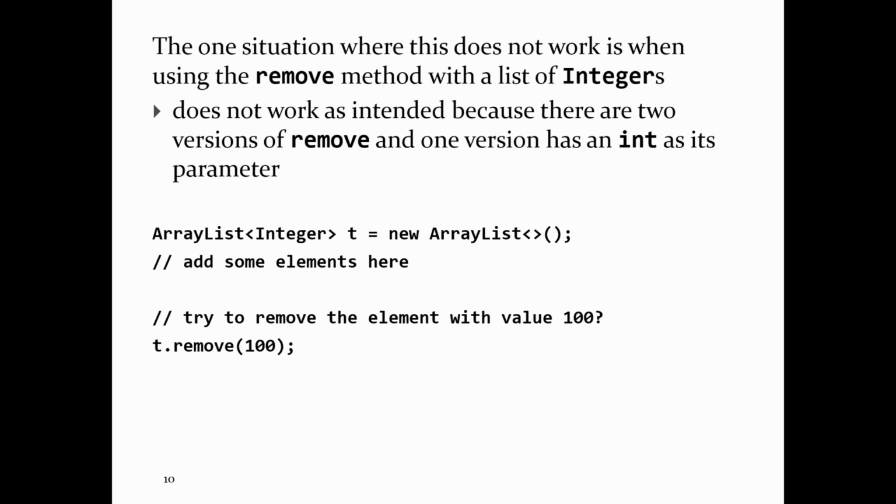It doesn't remove the value 100 from the list. If you want to remove the value 100 from the list, now you have to make an Integer object whose value is 100 and call remove with the Integer value 100. So this is the only situation where you can't pretend your list contains just primitive values. It actually contains reference types.